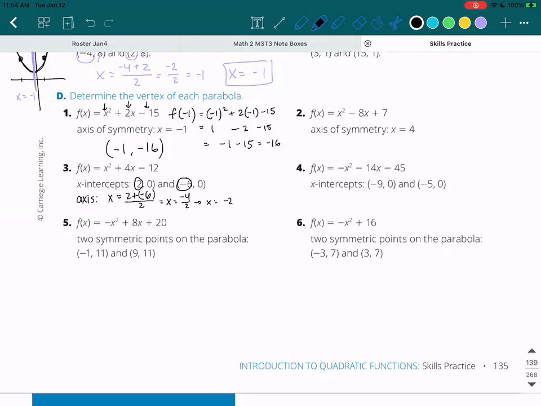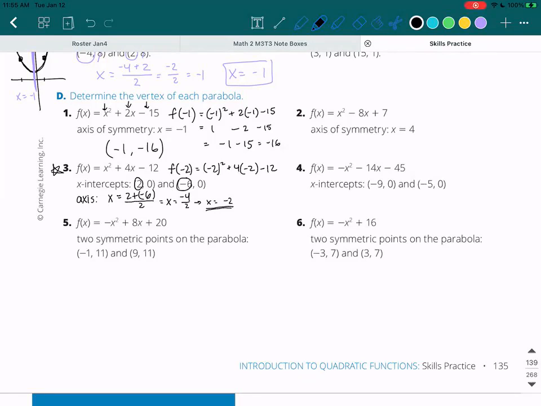So this is our axis of symmetry. Now the problem becomes just like number 1. Now we can just plug in this -2 into our equation. So here's our equation. f of x is equal to x squared plus 4x minus 12. So I'm going to write f of -2 is equal to -2 squared plus 4 times -2 minus 12.